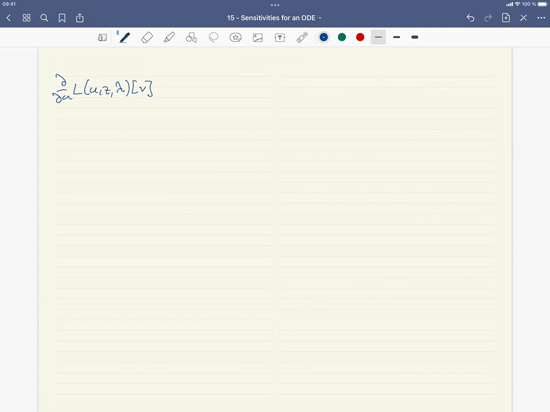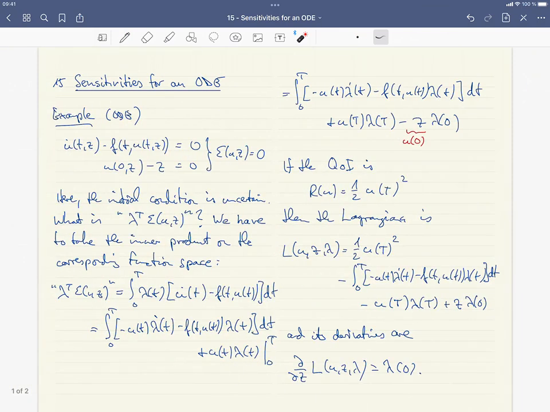I'm writing down the result now because we've done the computation essentially in the last video. I have the u here, and if I differentiate this, I get the square that cancels with the 1/2, and then I get a u of t times a v of t because I'm taking a directional derivative.